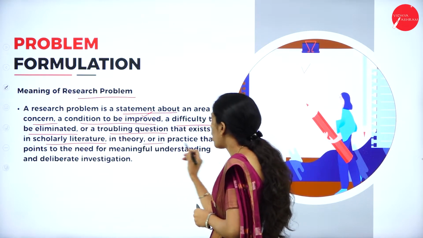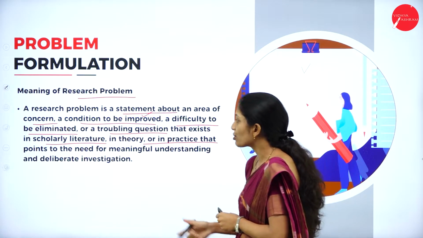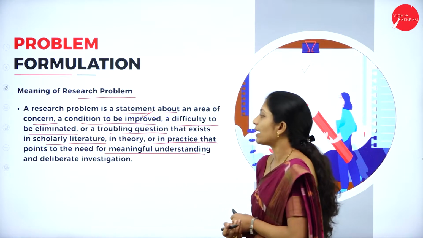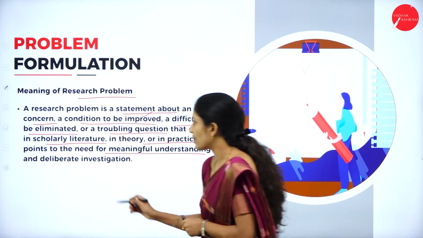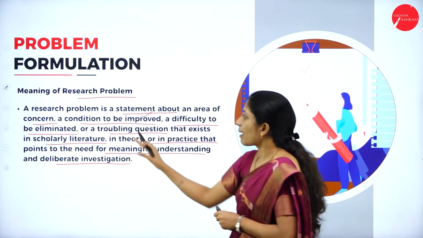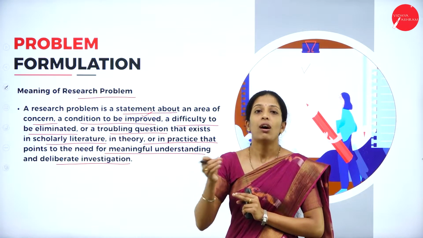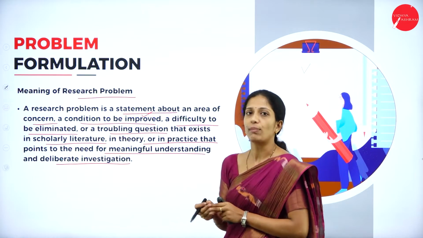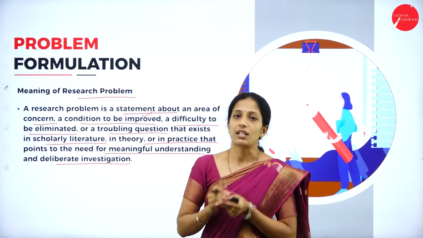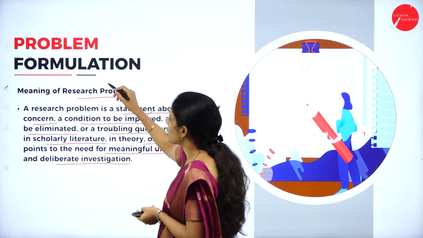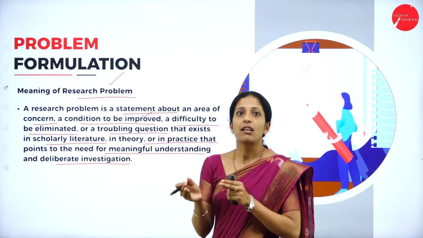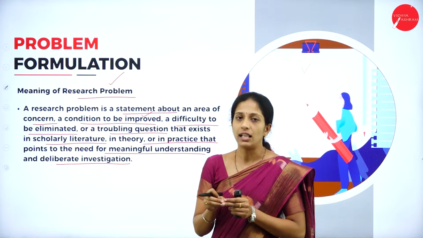In theory or in practice, that points to the need for meaningful understanding and deliberate investigation. So in this type of situation, where there is a requirement of investigation or information to be collected to solve that particular problem, that is known as what? Research problem. That is the problem which has arisen in the literature.